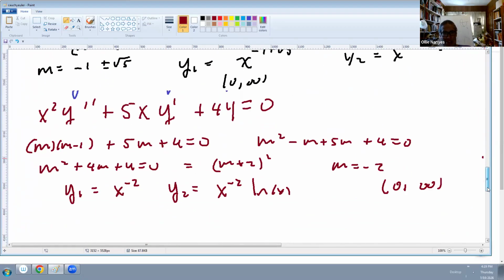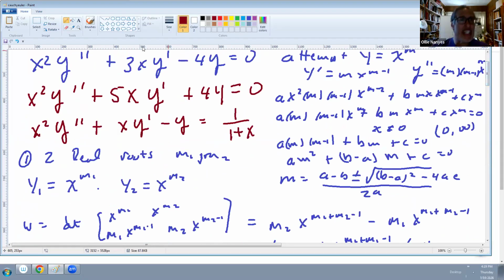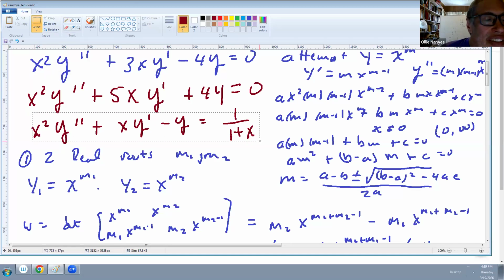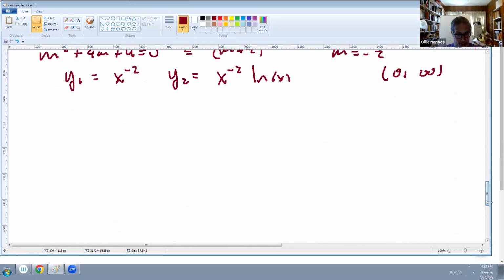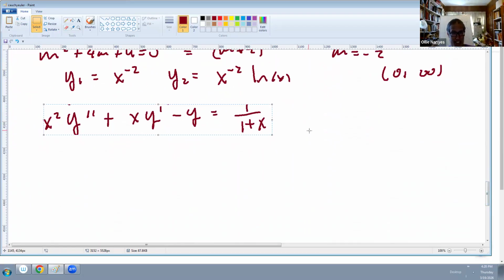Now, armed with that, we're going to do the very last one. Let's take a look here at this one and notice what this is. Now this one's going to be a little lengthier because what we have in this case is a non-homogeneous equation.